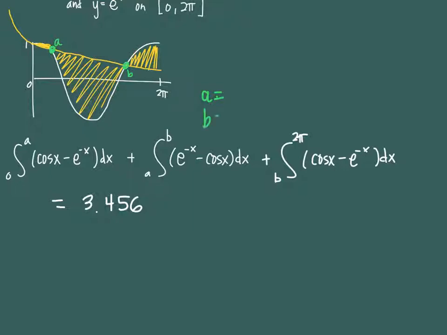So somewhere you would note that A was 1.297 and B was 4.722. So all you have to write down is what the values of the intersection points were, write your full integral, and then hit go, and the calculator will do the rest.